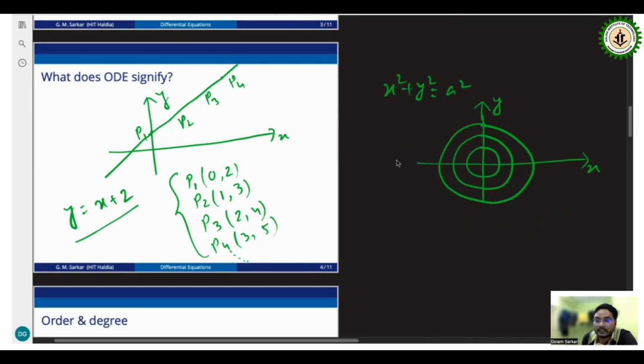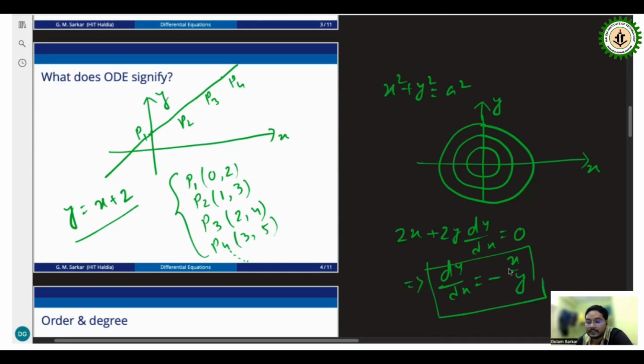If I differentiate this expression with respect to x, what will you get? 2x plus 2y dy by dx equals 0, or dy by dx equals minus x by y, right?